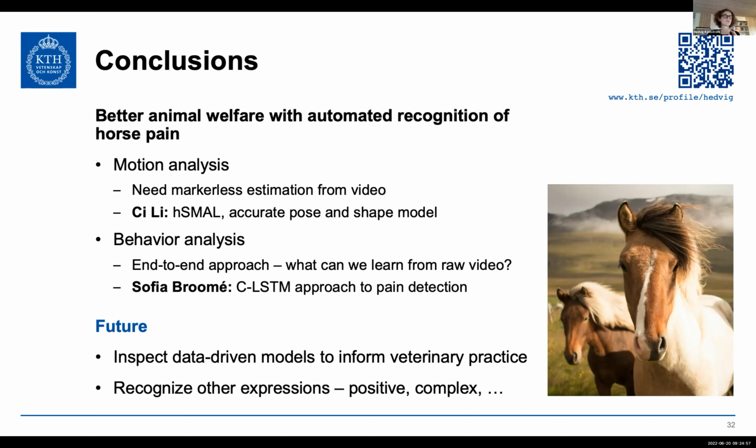There is also a lot of similarity, both in body behavior and facial expression, to other herd animals, such as cows, sheep, and so on. And why I focus on horses rather than, for example, a wild animal, is that there is a lot of data from horses.